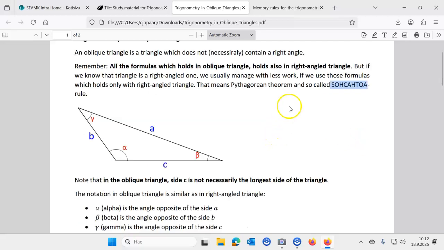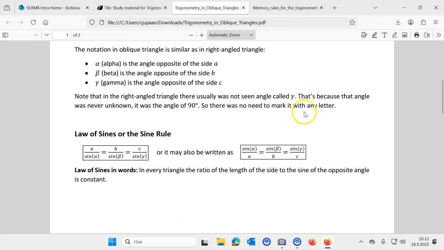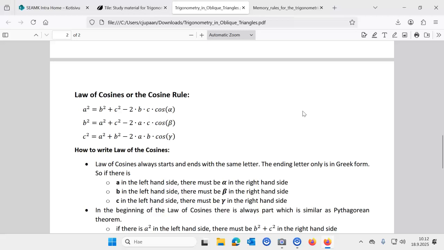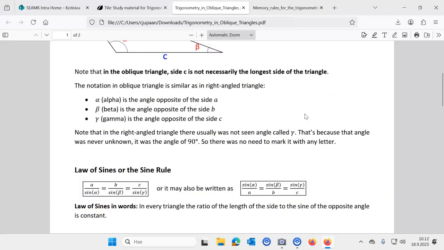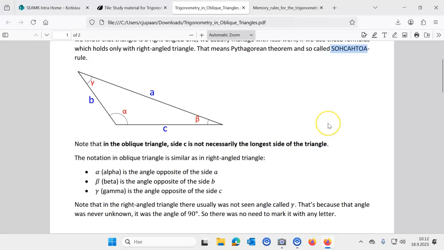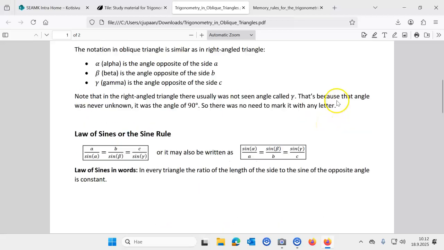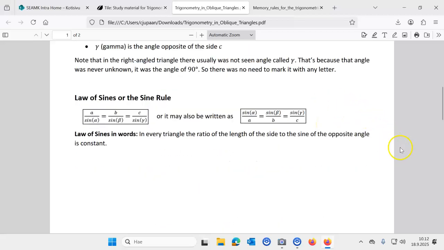But you may test these sine rules or cosine rules. If you test them in a right angle triangle, they will give you the right answer. And I won't go through these rules from this theoretical material.